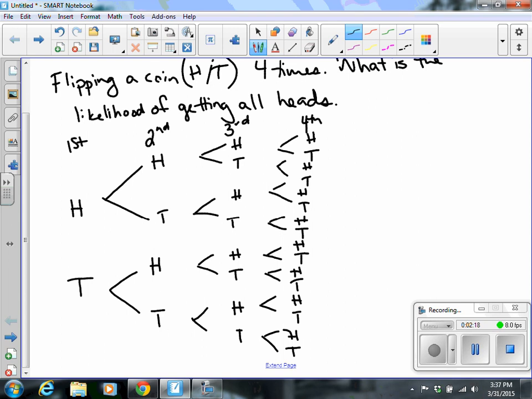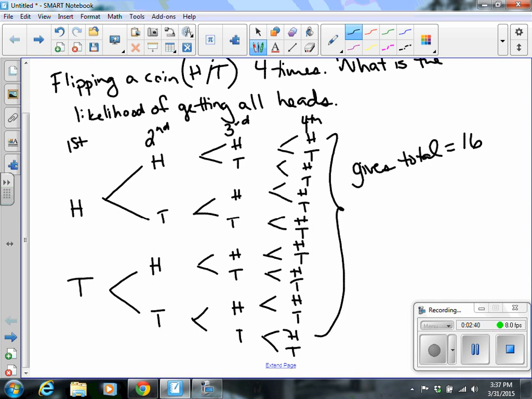All right, so looking at this outside part gives me the total. So I've got 1, 2, 3, 4, 5, 6, 7, 8, 9, 10, 11, 12, 13, 14, 15, 16. Okay, so what is the likelihood of getting all heads?